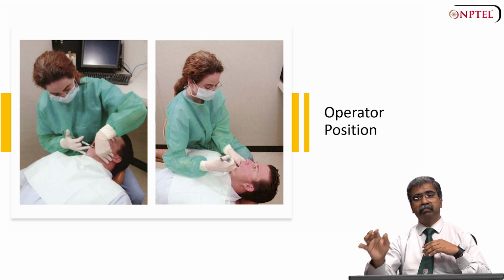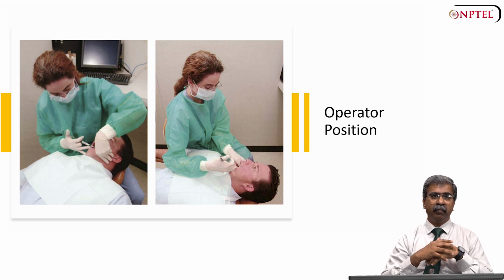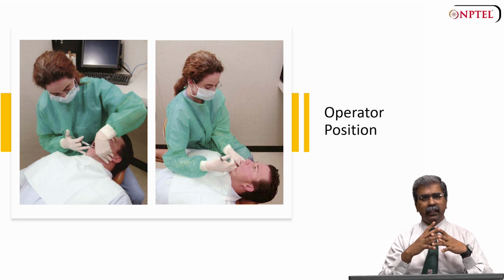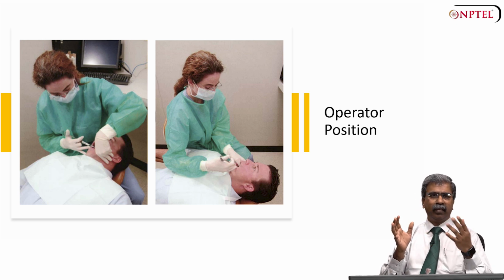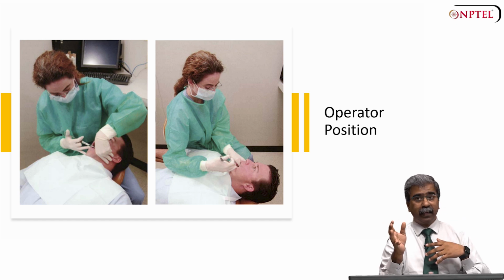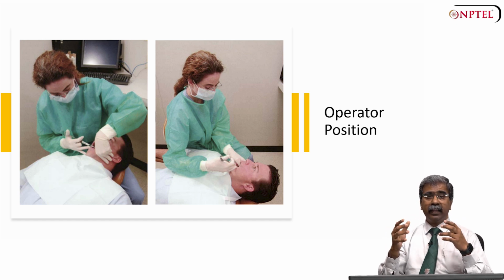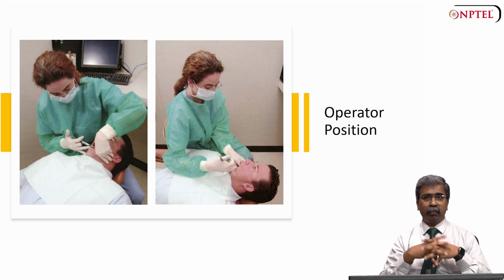Now again, as I mentioned earlier, during the nerve block, the operator position is of paramount importance. For the right-handed dentist, it is the 10 o'clock position for the right side, and for the left side, it is in front of the patient, or the 8 o'clock position.